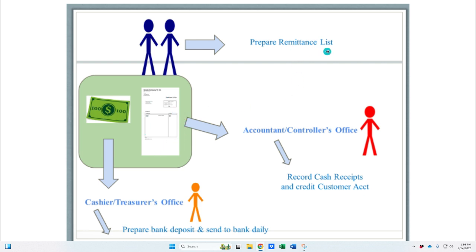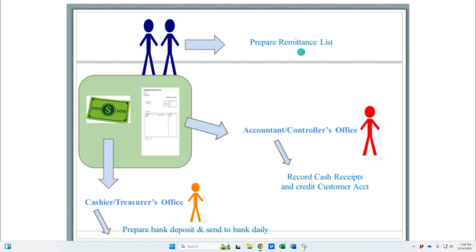So this was the remittance list, which lists out all the receipts. The remittance advice is just that invoice or summary or statement that you send in to tell whoever you're sending your money in or your bill into how much you're actually paying them. So what we'll want to do is separate those two pieces of documentation in the next step of the process.